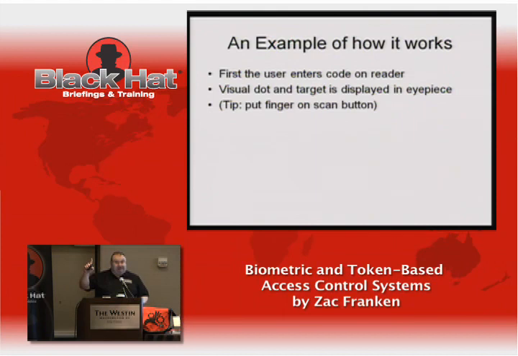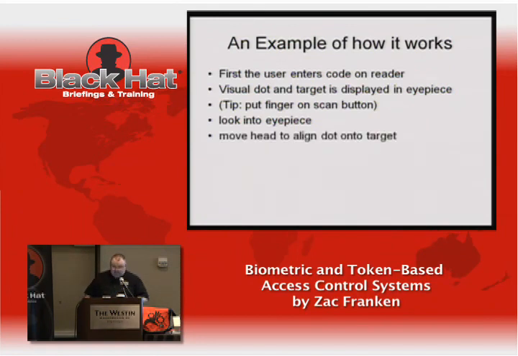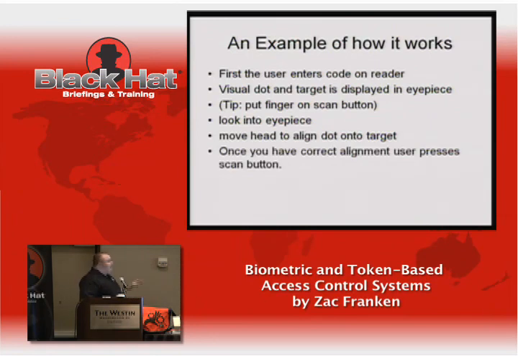Put your finger on the scan button before you look in the eyepiece, because when you get yourself aligned, you're actually going to have to hit the scan button yourself. So you look into the eyepiece, you shuggle your head around to line up the dots, and once they're on top of each other, you hit the scan button, and then you freeze for about a second.